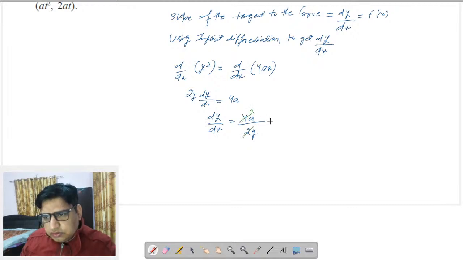So that will be 2a upon y. So dy by dx is equal to 2a upon y.